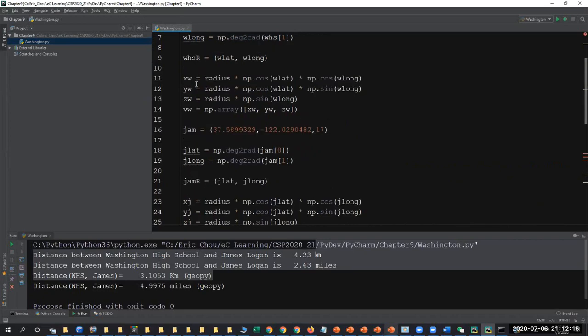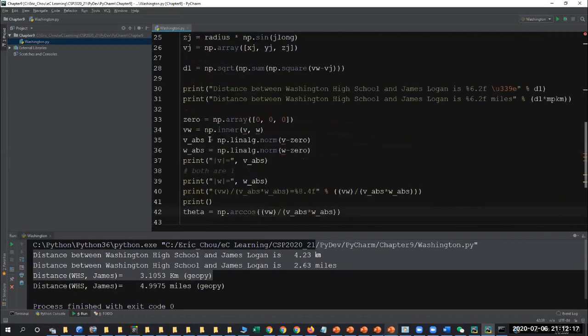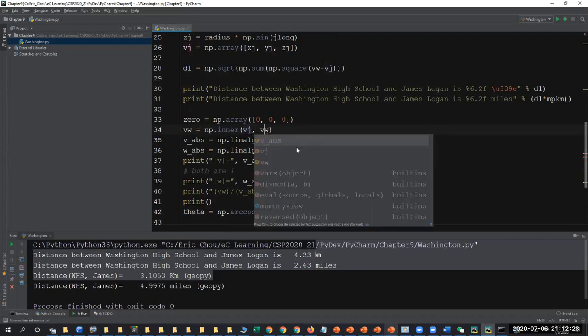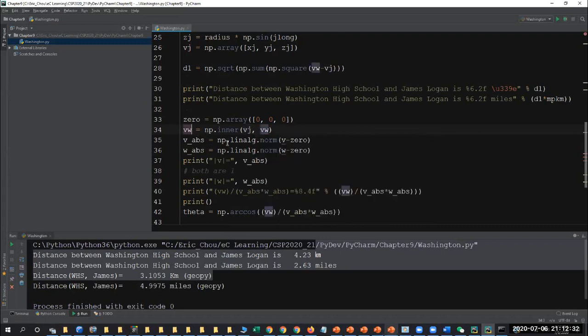Okay, so we have the Vj and Vw. So here we use the NumPy inner product of Vj and Vw. Okay. So here let's call this guy Jw.